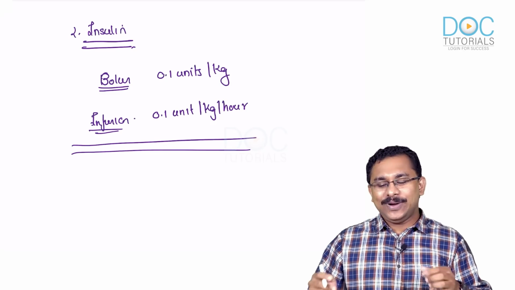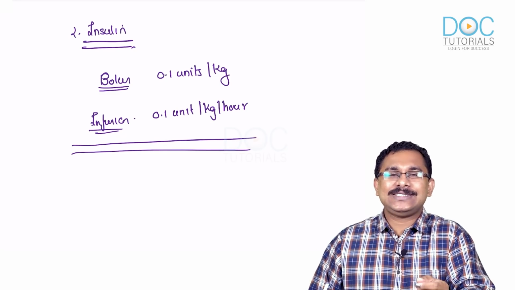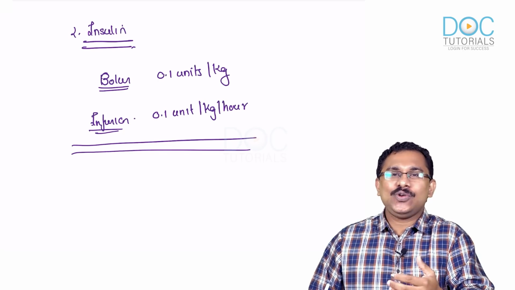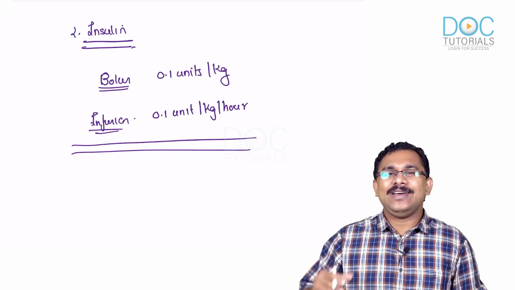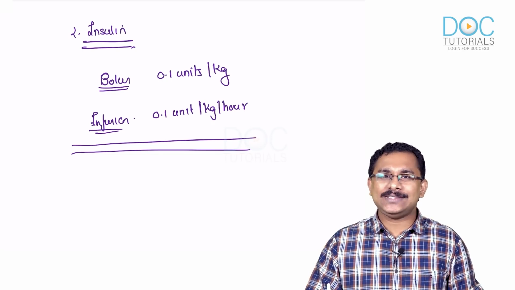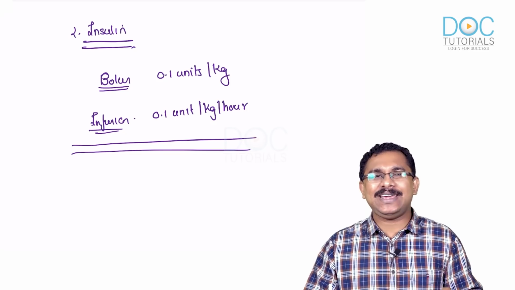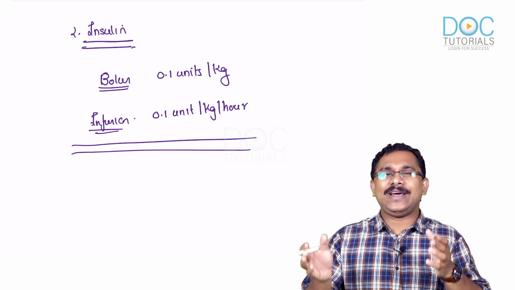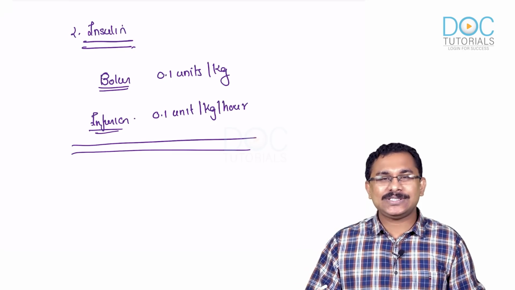Why don't you just go for some subcutaneous insulin dosage? The problem is, you will not be able to give a steady supply of insulin when you are just giving some subcutaneous doses. Though some guidelines say that if it is a mild DKA, instead of going for an infusion, you can go for the subcutaneous short-acting dose.